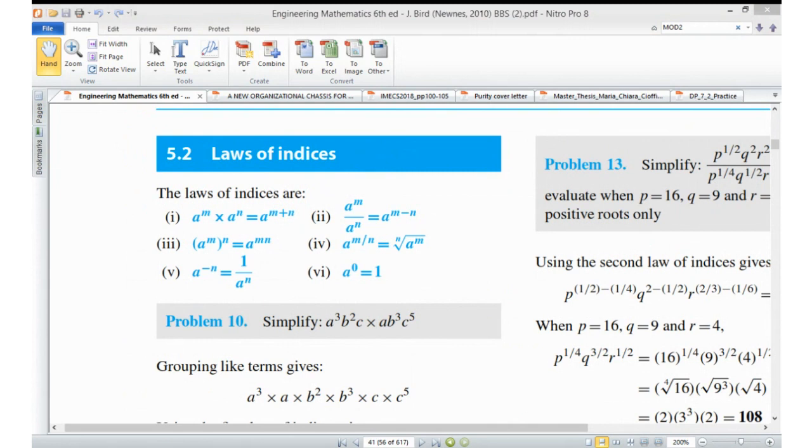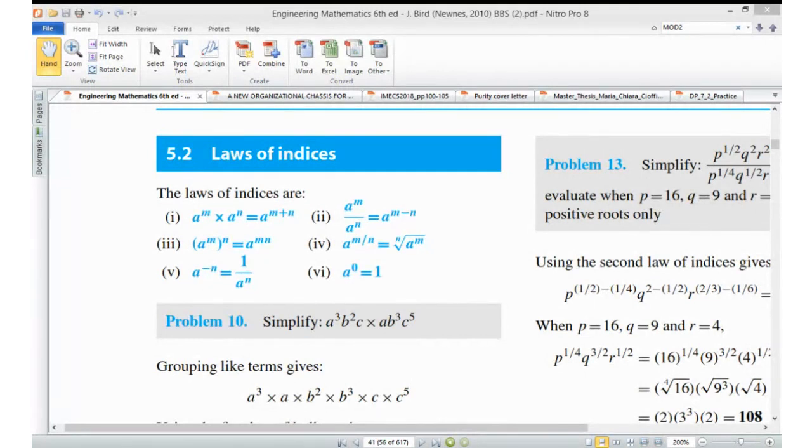Moving forward, indices are basically another means of expressing numbers and the simplification processes, where the numbers are raised to a given power.